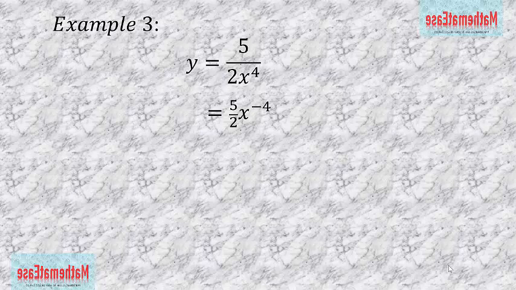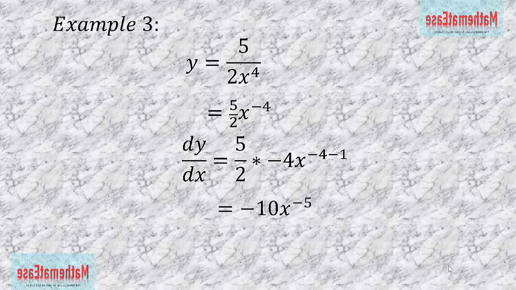So this one is 5/2 x^(-4). Multiply the coefficient and the power, subtract 1 from the power, then you have your dy/dx. So 5/2 multiplied by minus 4, x raised to power minus 4 minus 1. This will eventually give us -10x^(-5).